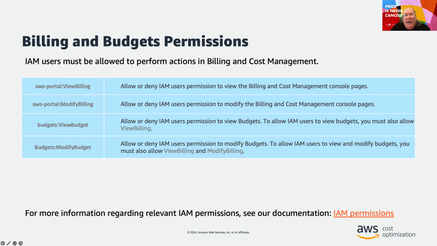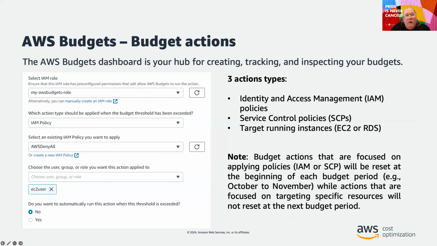So what are the budget actions that we can take? For example, if we look at the AWS budget dashboard, there are configurable actions in response to cost and usage in your account. Things like policies, service control policies, targeting certain instances. And remember, you can do an automation based on actions that happen throughout the budgeting. Let's say you have a budget and you know that you're exceeding it.